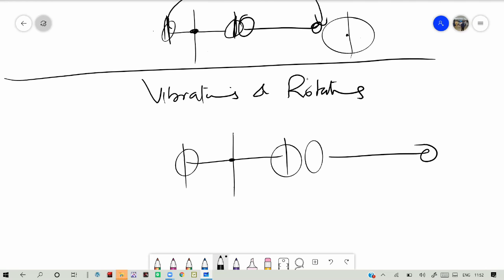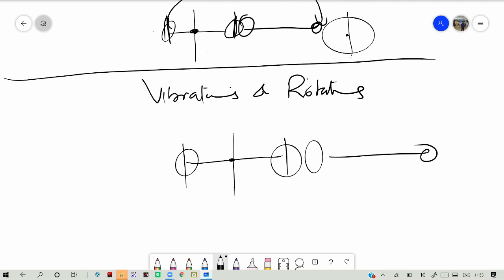So to study this rotation, vibration, or translation at the same time becomes difficult for us. To make it easy, we will make some approximations, and we will treat all the motions independently, separately. When we treat these motions separately, we have to make some approximations.